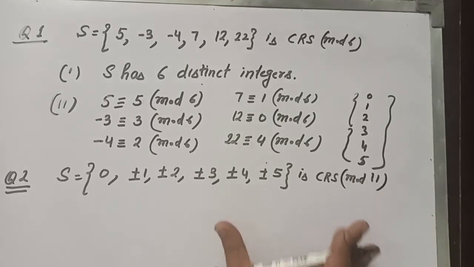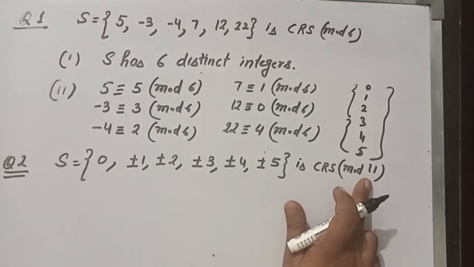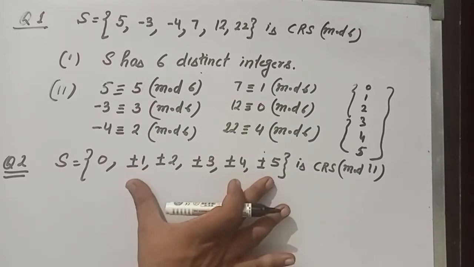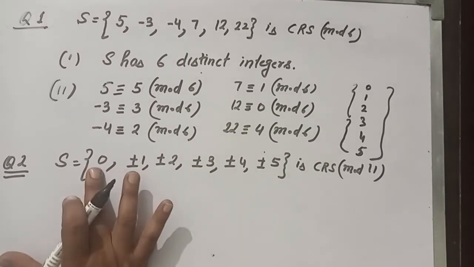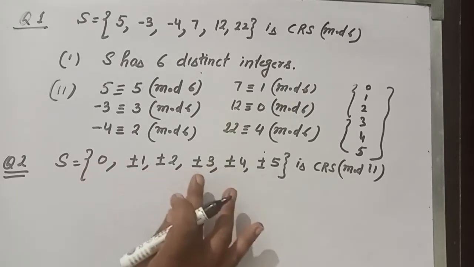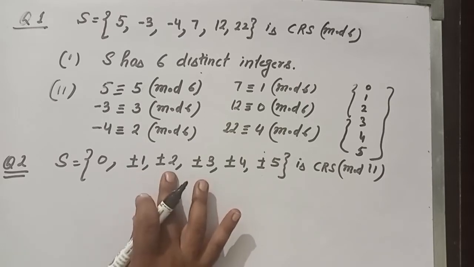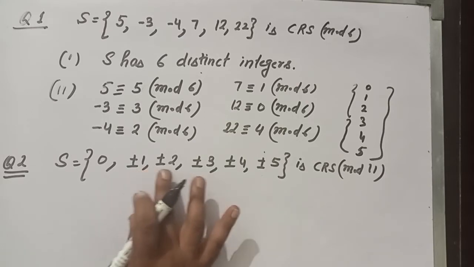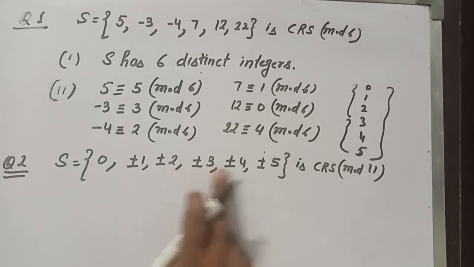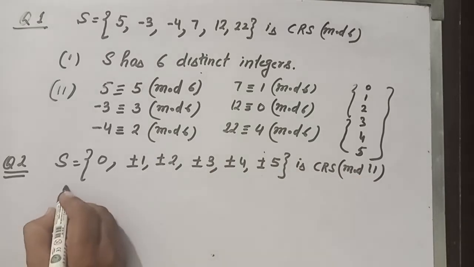First, we have to check that this set has exactly 11 elements, and you can easily see that there are 5 pairs, which is 10 elements, and 1 more, so 11 elements. These are 11 distinct elements. Distinct means that no two integers are congruent to each other: the difference of any two integers is not divisible by 11. So the first condition is satisfied.